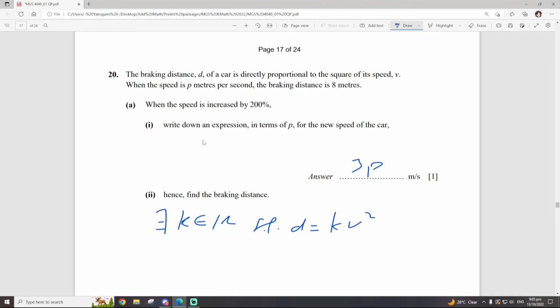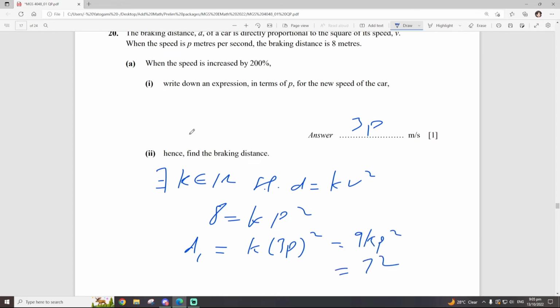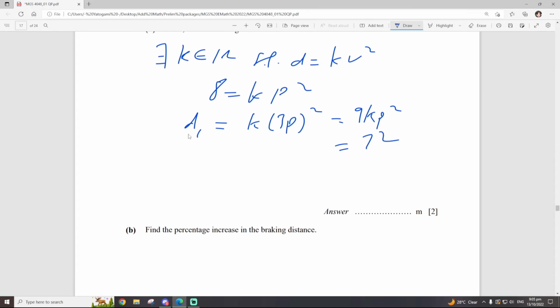That is the definition of direct proportion. So we know that 8 equals kp squared. So d1, the new braking distance, equals k times 3p squared, equals 9kp squared, which is, well, 72. Because we know kp squared is 8, so the braking distance must be 72 meters.